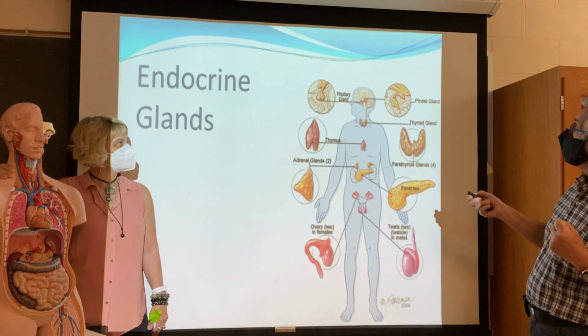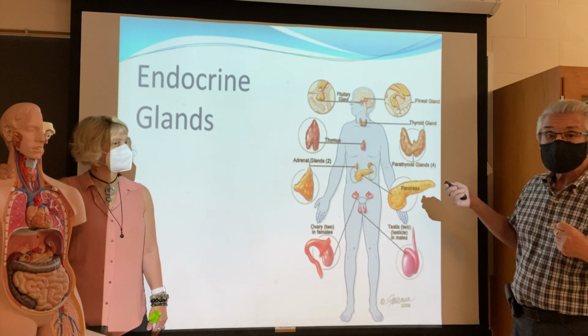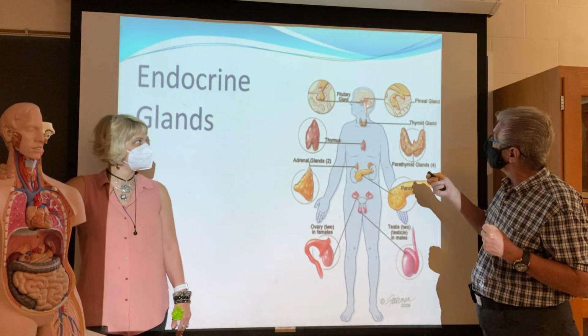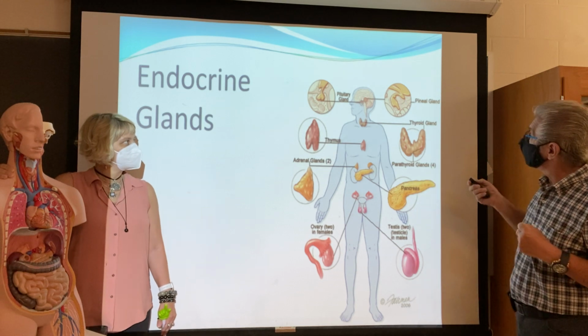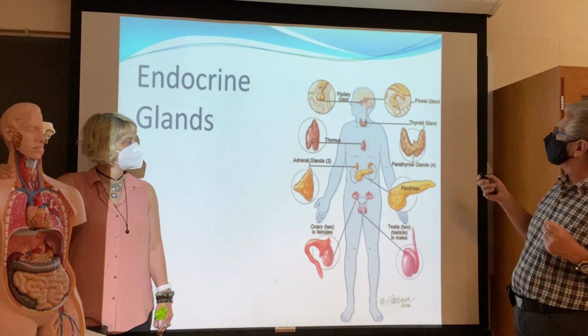So we move to the posterior aspect of the brain. The posterior aspect, as you can see where I'm pointing here, is where we have the pineal gland. Now, what's that affiliated with?